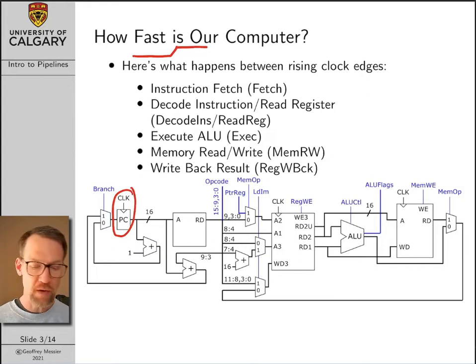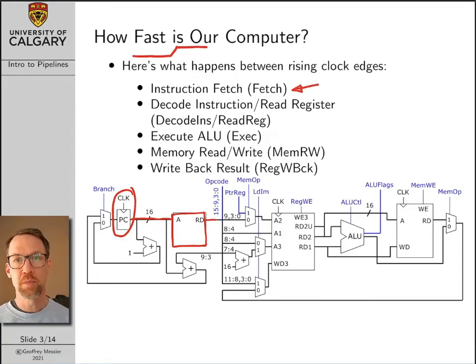As soon as the address changes, the address is going to propagate along this bus, get read in by our instruction memory block, and a new 16-bit machine language instruction is going to be read out of the instruction memory. What I've drawn so far, I'm going to refer to as the instruction fetch or fetch stage of our machine language command execution on our microarchitecture.